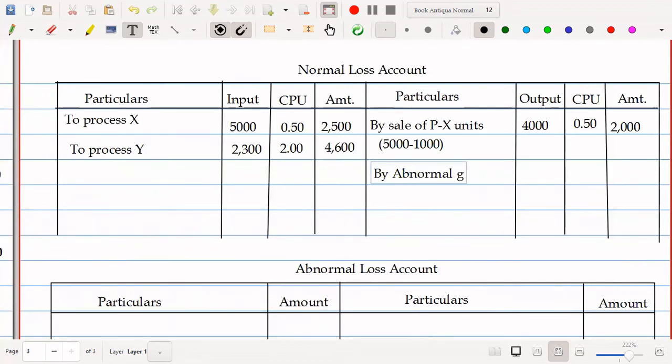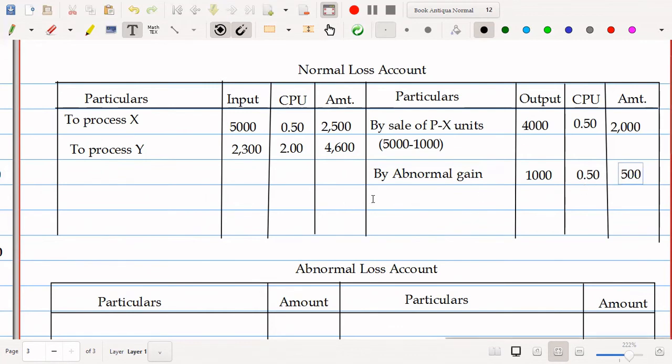How much have we gained? We have gained 1,000 units, and if it is valued at this scrap rate, it will be 500. So 500, we have recovered so much.